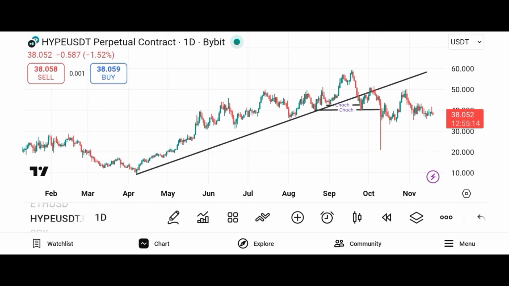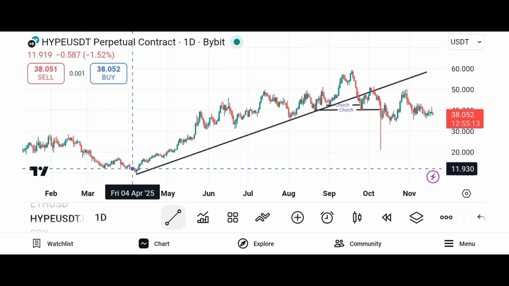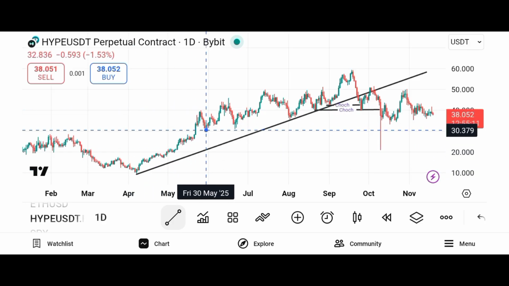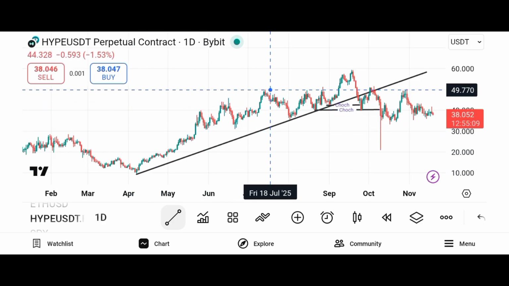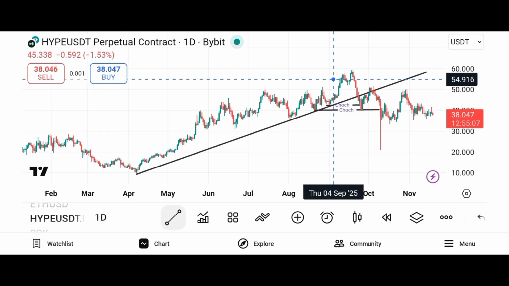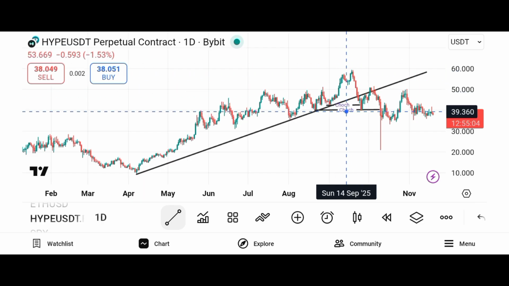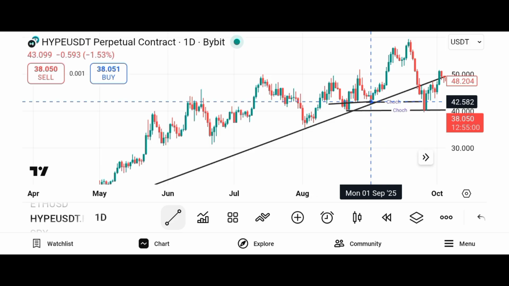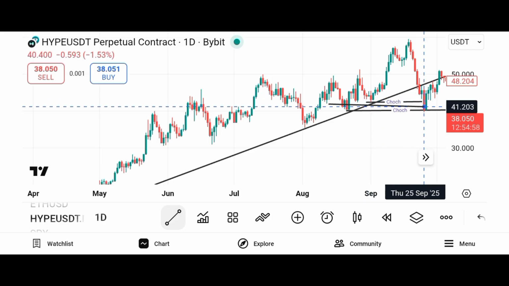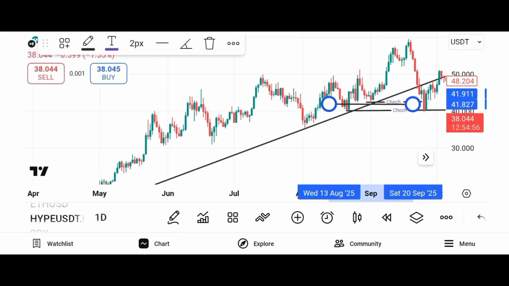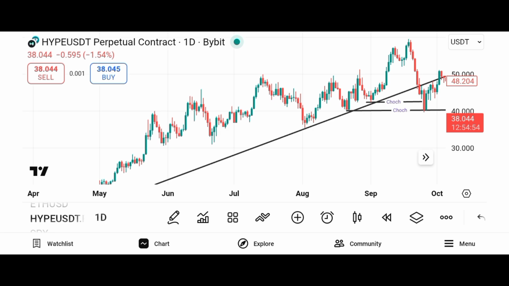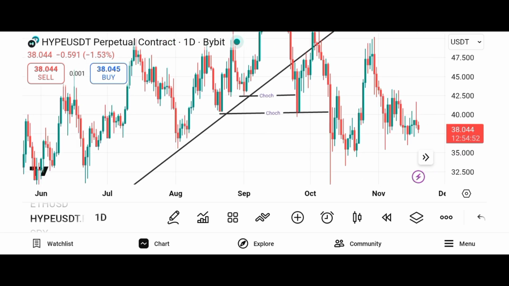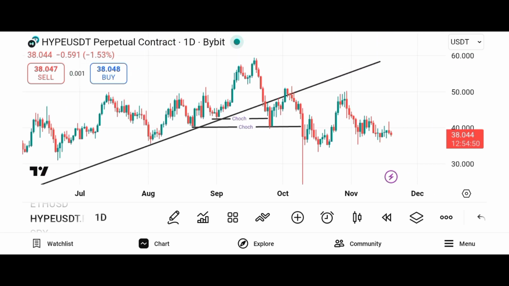You can see right here that the market was going up, higher highs, higher low, higher highs, higher low, higher highs, higher low, before breaking down, taking out this low right here, this low right here from this point, right? That was exactly where the market changed character.